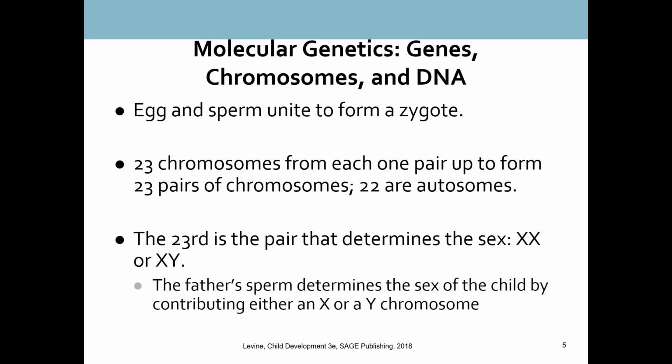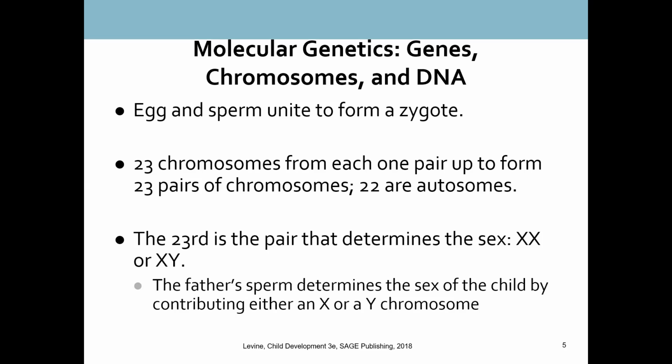We call 22 of these pairs autosomes. That just means they're not particularly special pairs, but the 23rd pair, the one that we consider the final pair, has a special name. They're called the sex chromosomes because they determine the sex of the offspring. We label that pair of chromosomes as either XX or XY.